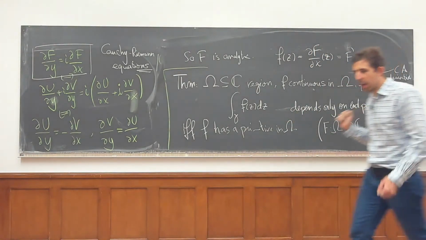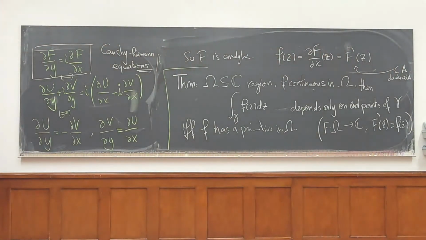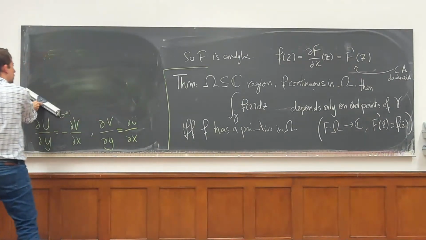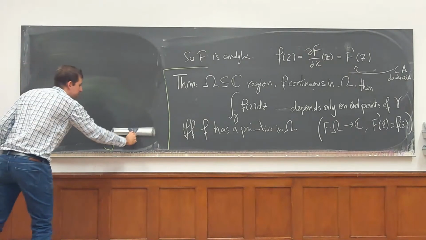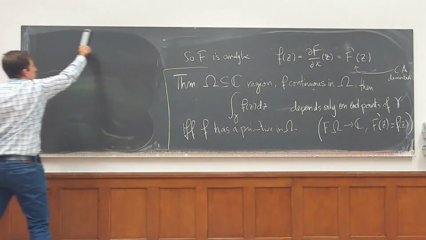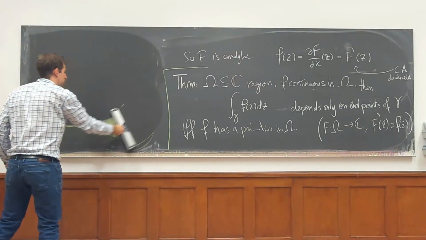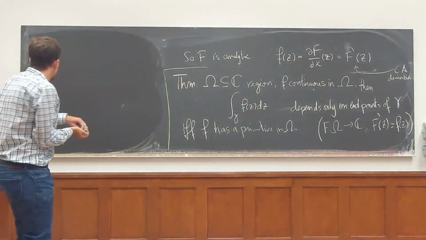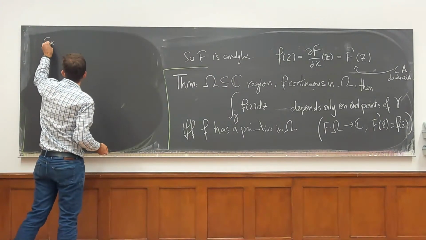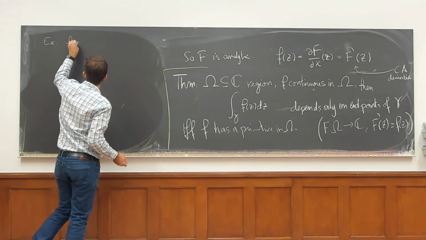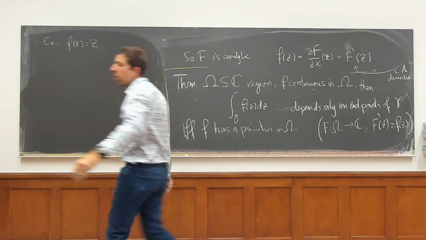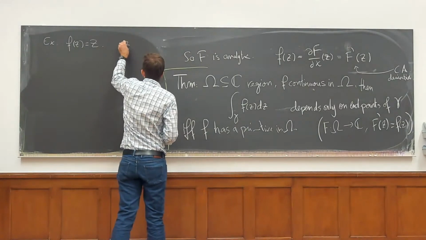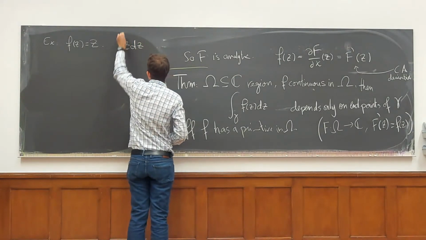So I'll skip the example, but I highly recommend just sitting down and trying the example f(z) equals z over some curve, and check. Ask yourself, is z dz an exact differential?